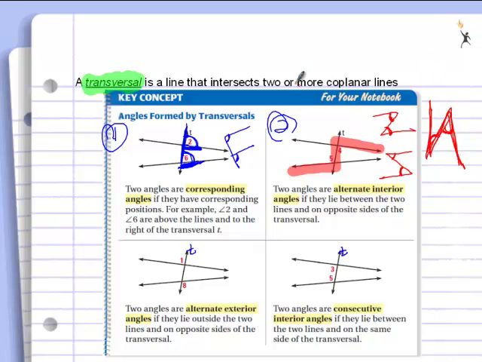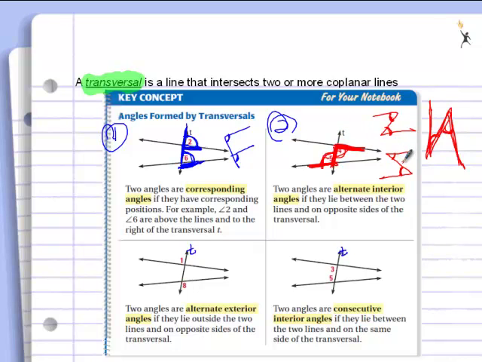Those are alternate interior angles. Again, look at your picture and trace or highlight however you want those two angles. Let's do angle 5 and angle 4, and then let's just highlight them a little bit, and there, boom. I have this perfect representation of a Z, like Zorro.